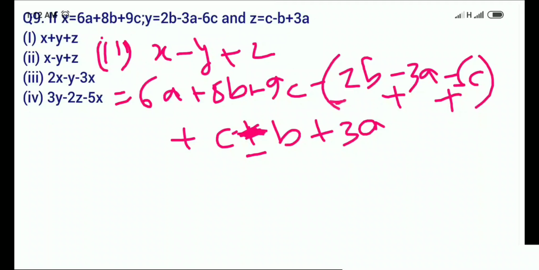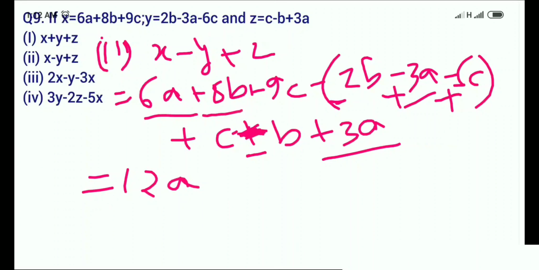Therefore, we again calculate 6a plus 3a, 9a, plus 3a again. 9 plus 3 is equal to 12a.